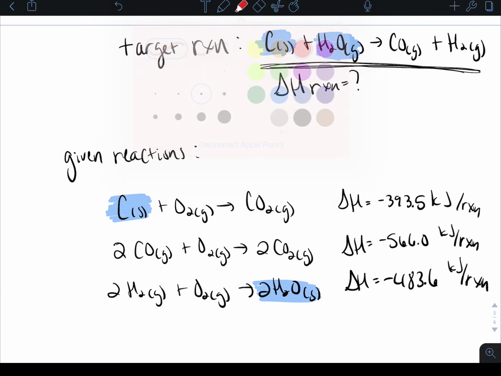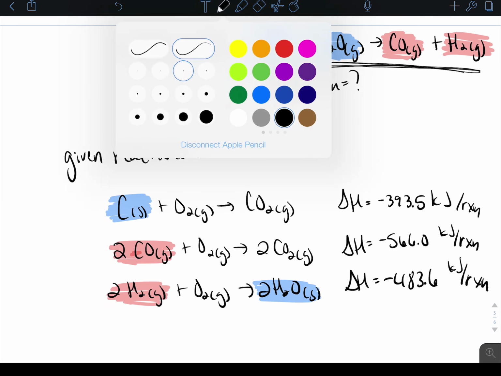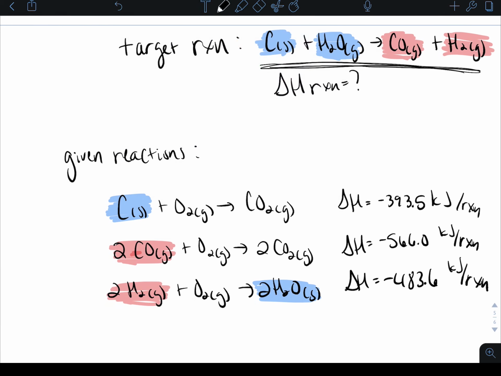Then on our other side, we have carbon monoxide, H2, H2. So currently, this is written the correct way, this is the opposite way, and this is the opposite way.